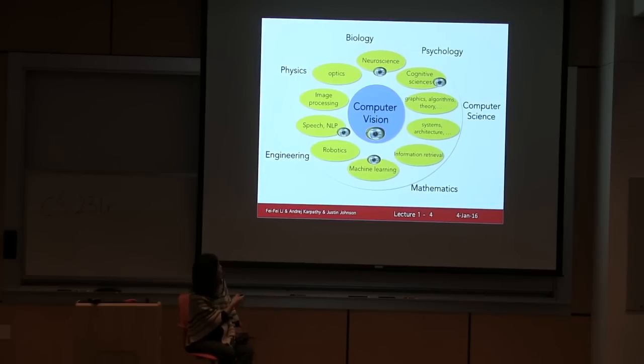We work on machine learning, which is a superset of deep learning. We work a lot on cognitive science and neuroscience, as well as the intersection between NLP and speech. So that's the kind of landscape of computer vision research that my lab works in.